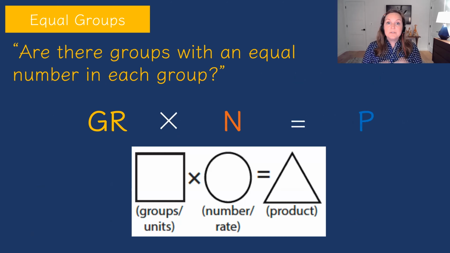Now, to help students cue into, is this an equal group story, we can ask students to ask themselves, are there groups with an equal number in each group? And once they decide that a story is an equal group story, they may want to use the equal groups equation, G times N equals P, or groups times the number in each group equals the product, or a graphic organizer such as you see here.